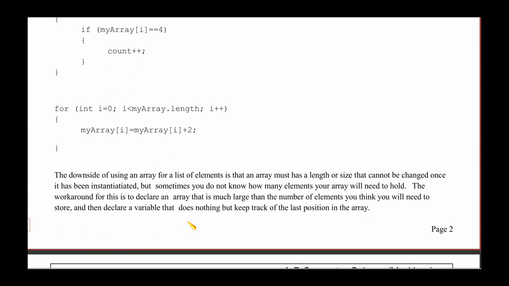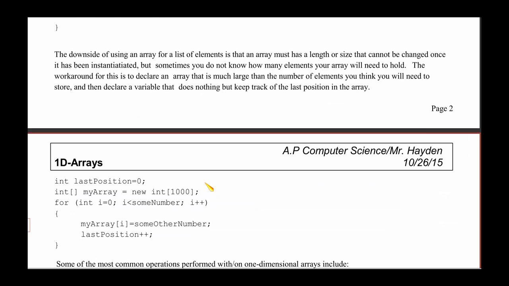Okay, the downside of using arrays is that you can't change their length, which can be a problem because your program doesn't always know how big of a list it's going to have when you write the code for it.